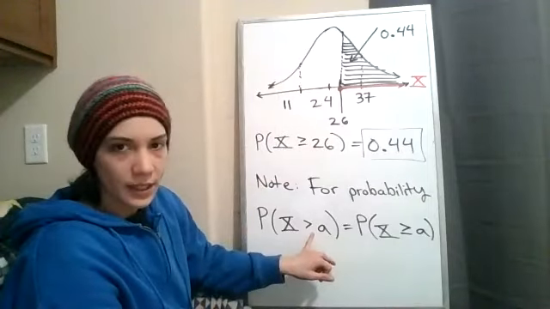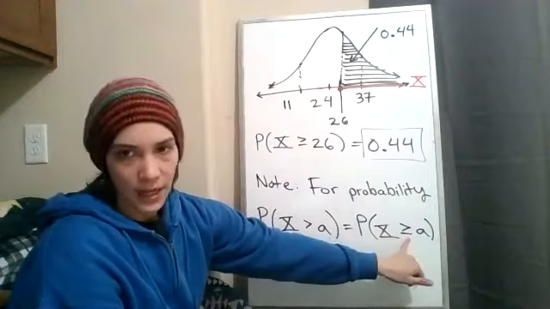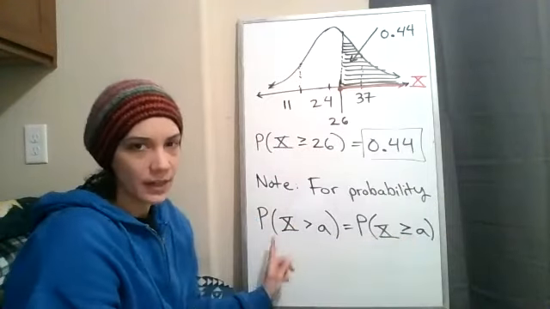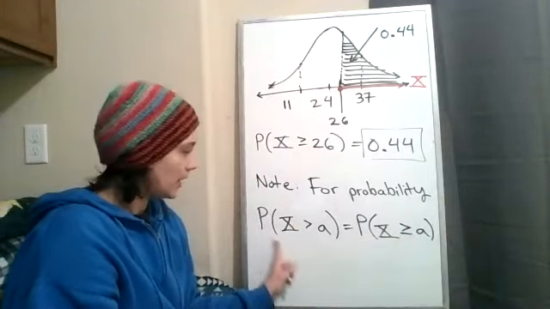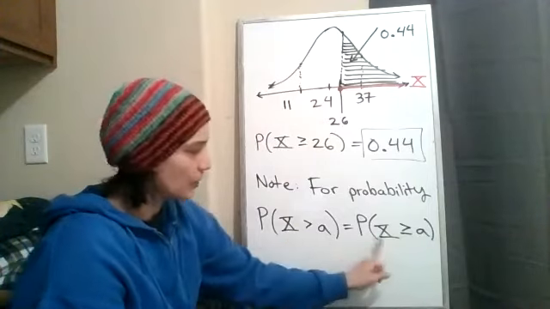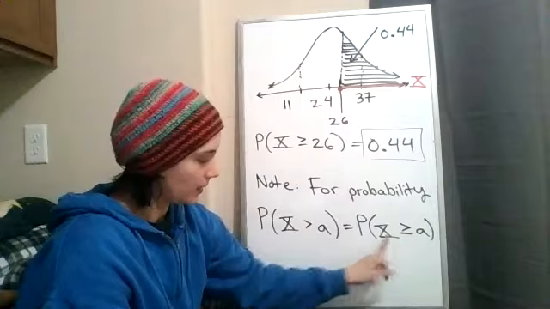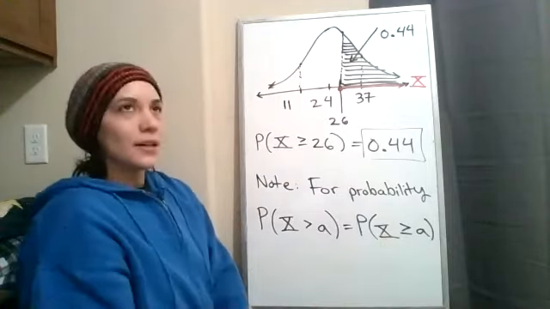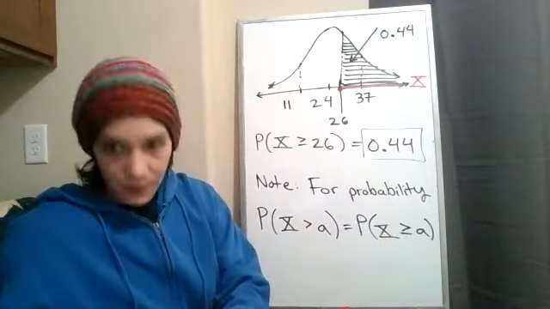So you can exclude a or include a. Either way, you're going to find the same area under the curve for the probability of x on that interval or that interval. All right, let's do the next one.